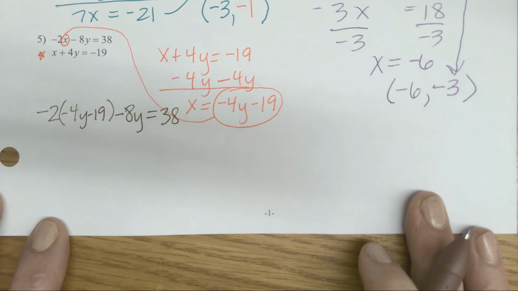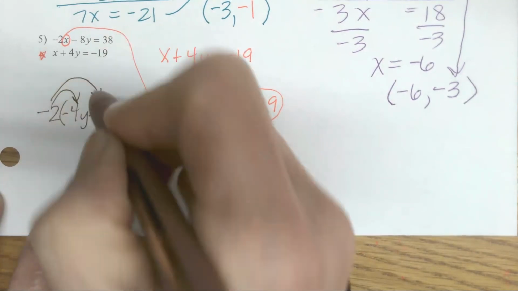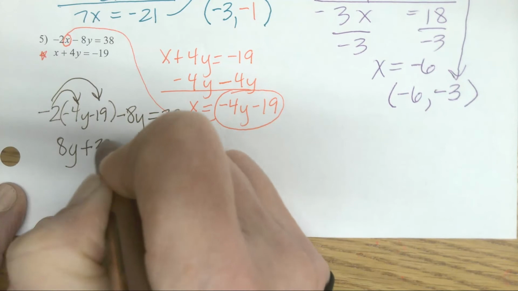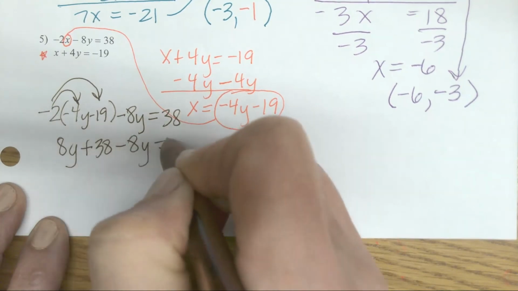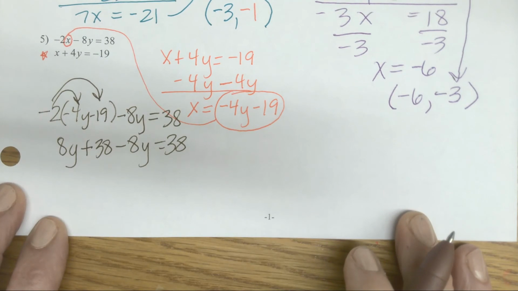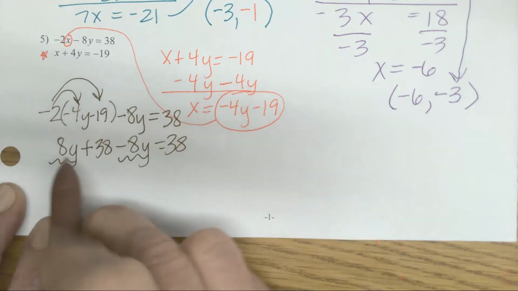What do I have to do first? Distribute. Okay? And then what? What's 8y minus 8y?